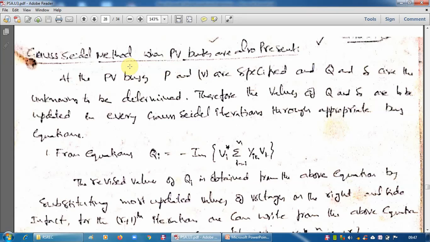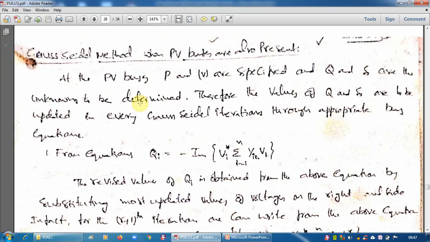But the voltage at any bus is sensitive to reactive power demand at that bus. That is, at a particular bus, if there is more demand for reactive power, there is a chance that the bus voltage may drop or change. If there is more reactive power demand, then the bus voltage may get affected.